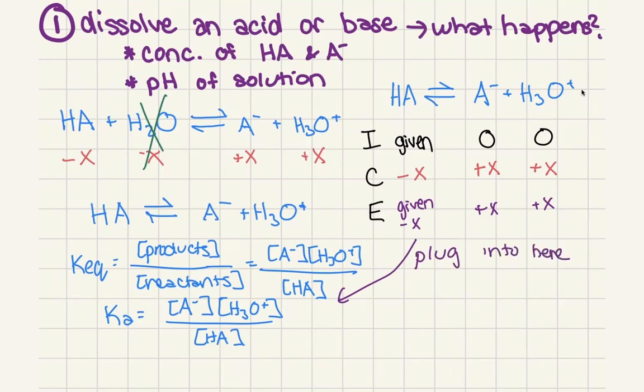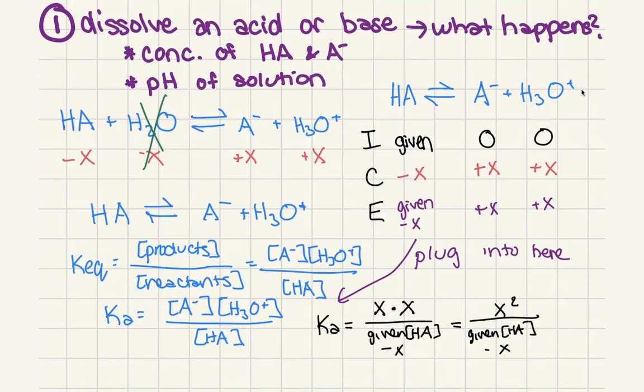Now we can take that Ka equation and say, okay, Ka is going to be equal to our conjugate base concentration, which we said is X, times our hydronium concentration, which is also X. And that's all going to be divided by your given acid concentration minus X. And so this is going to equal X squared over the given acid concentration minus X.